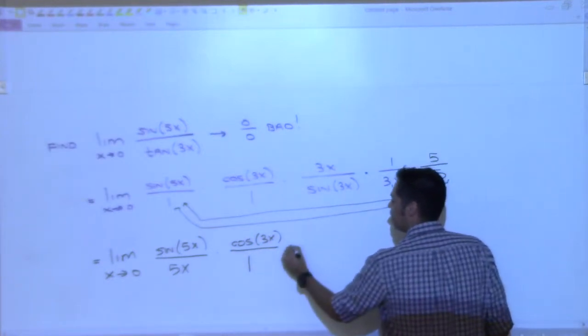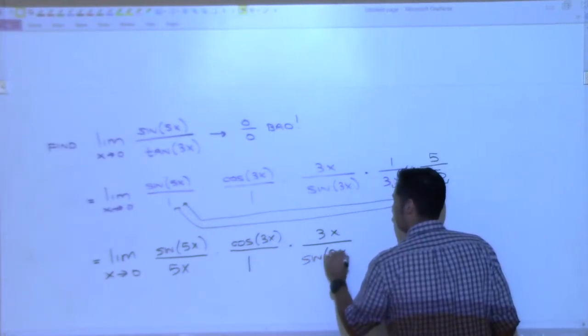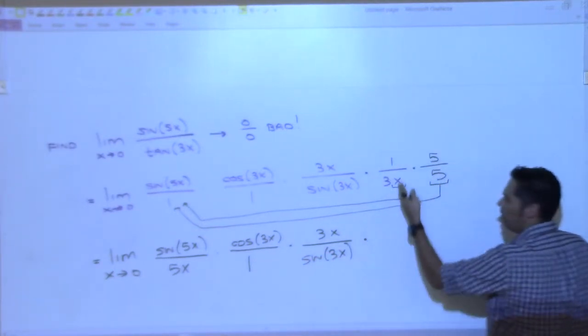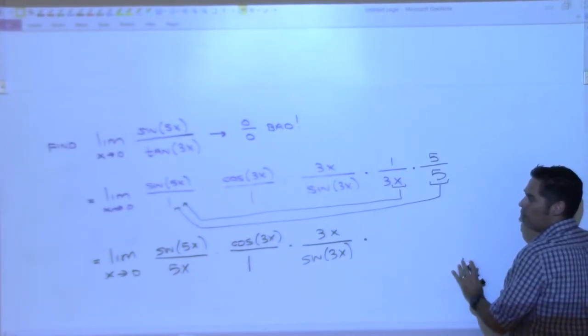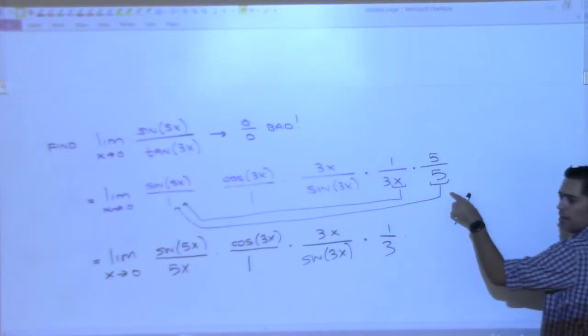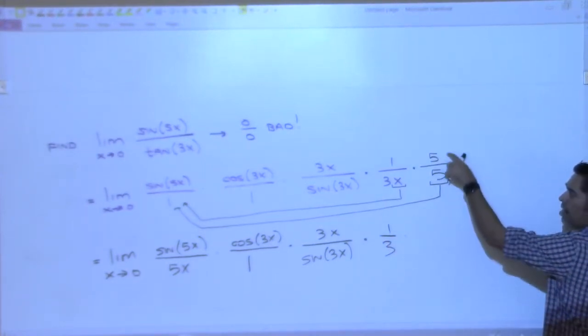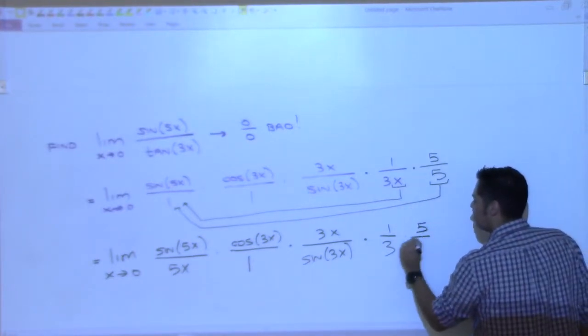That didn't change. 3x over sine 3x. That didn't change. Times what's left right here? What am I left with right here? 1 over 3, right? And then what am I left with over here? 5 over 1, because I slid the 5 down, right? So this is 5 over 1.